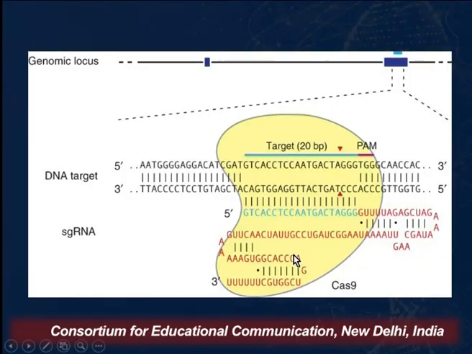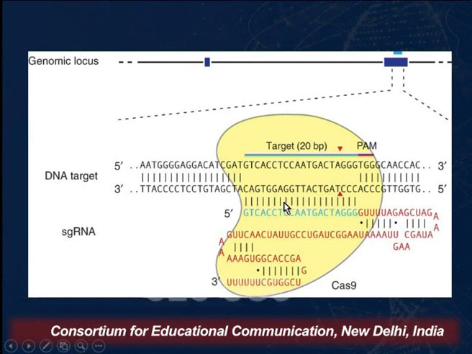So this is what the molecule basically looks like. We'll talk about its mechanism, but this is how it looks. So this is the target DNA, this is the short single guide RNA. This guide RNA directs or guides this Cas9 to bind to this particular target. The important aspect is there needs to be a PAM sequence, and the target site needs to have complementarity with the guide RNA.